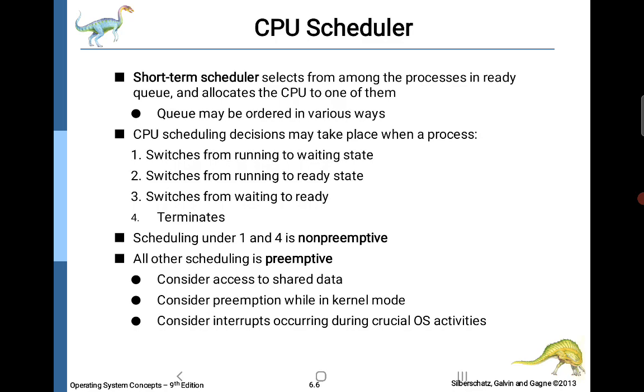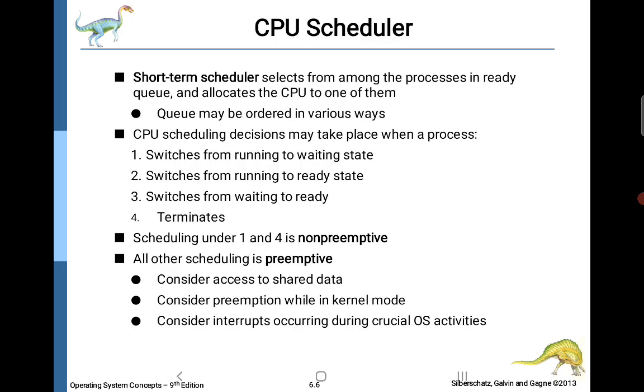The CPU scheduling decision will be taken in three different conditions. If a process is switched from running to waiting. A process was running on the CPU, now it's waiting for an event, an input-output operation, a signal, whatever it is waiting for.